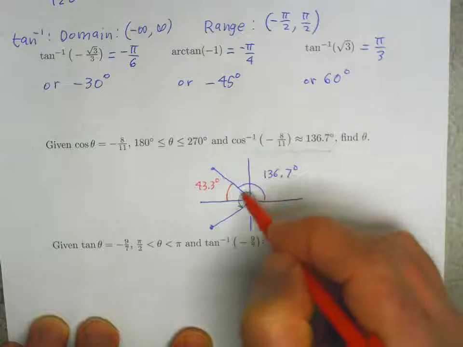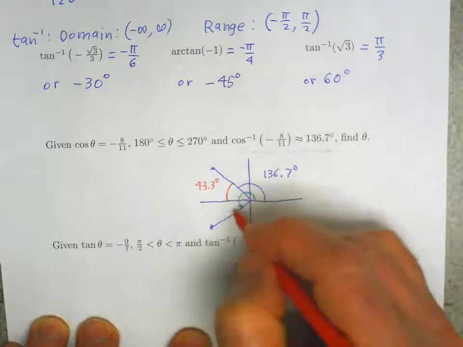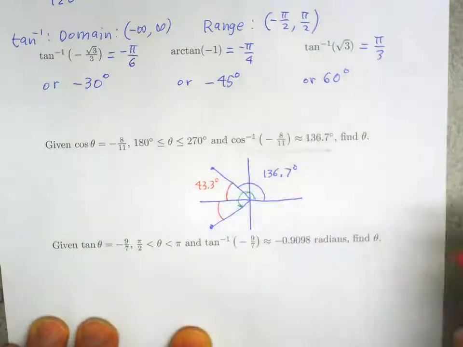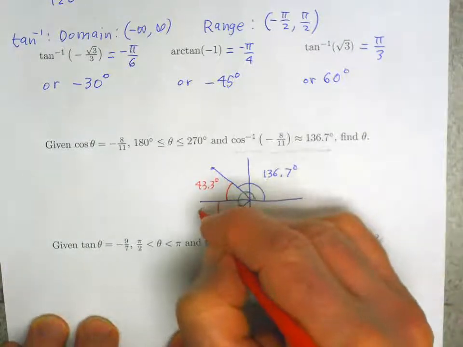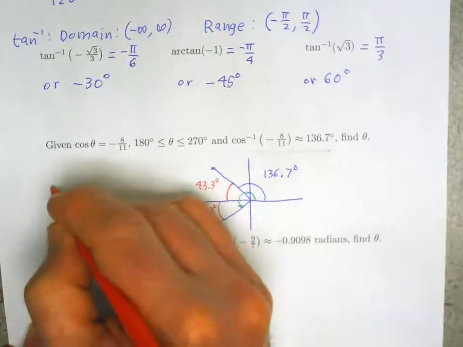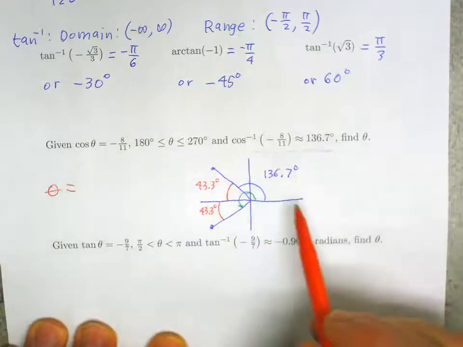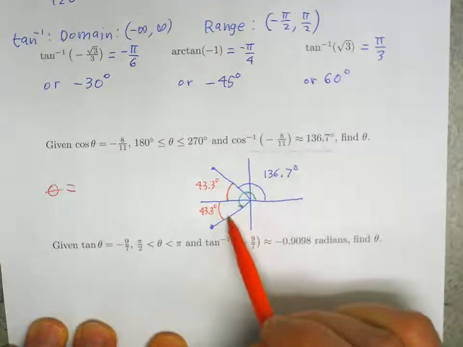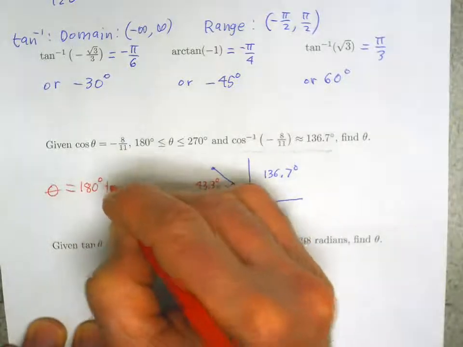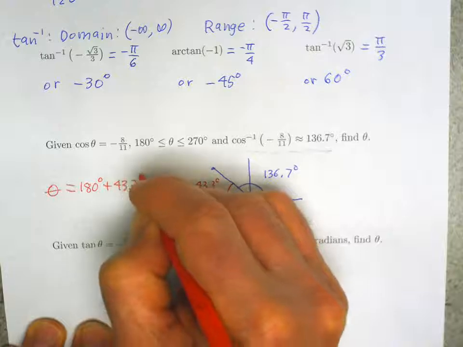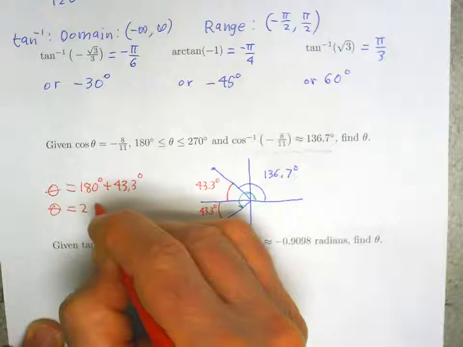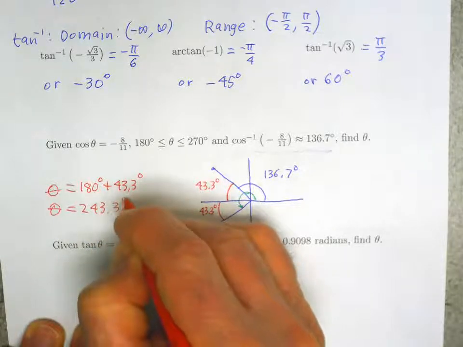And the theta that we want, well, my graph doesn't look like it, but this reference angle has to be the same as 43.3 degrees. So the theta that we want is 180 degrees plus 43.3 degrees. Do the arithmetic, we get 243.3 degrees.